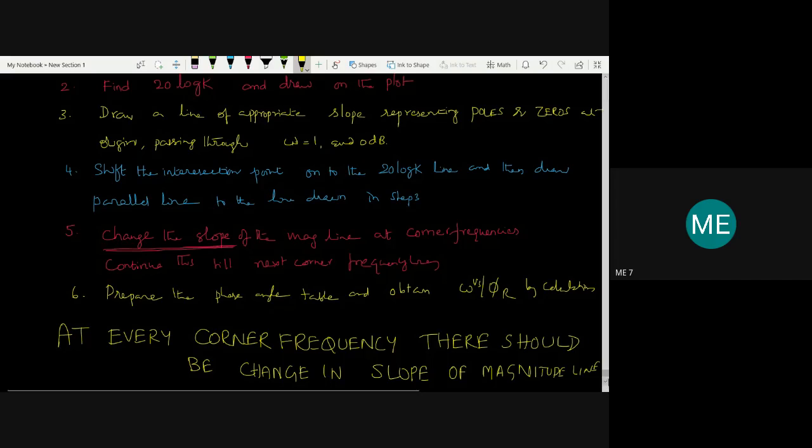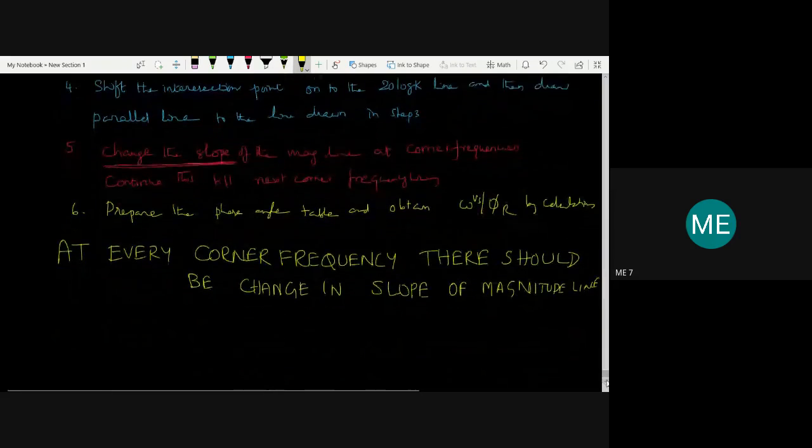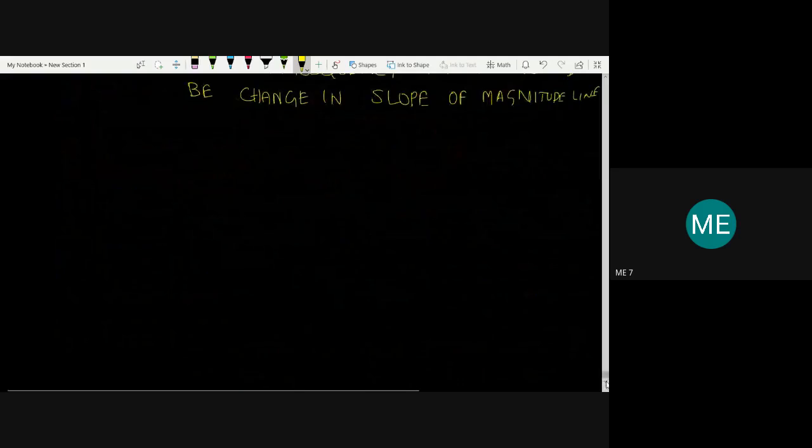Afterwards, we need to know some of the terms which are used in this Bode plot.